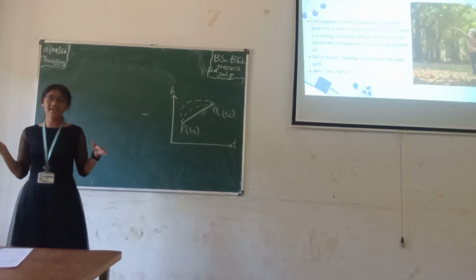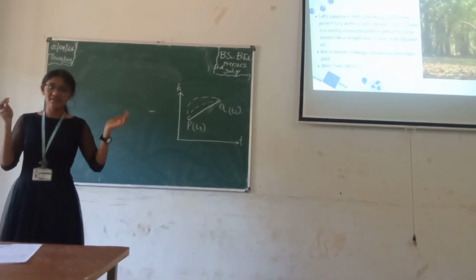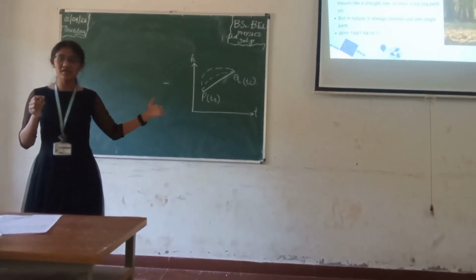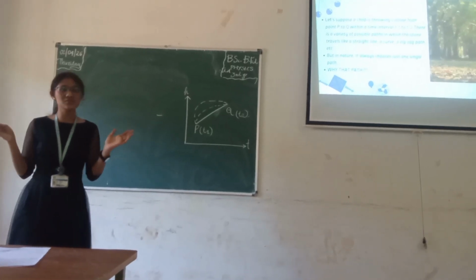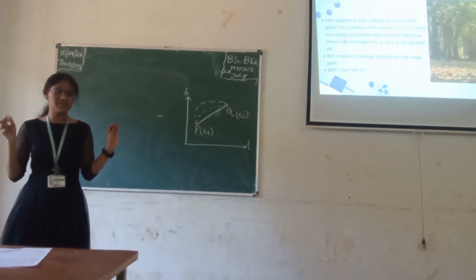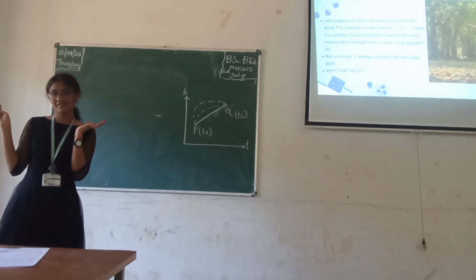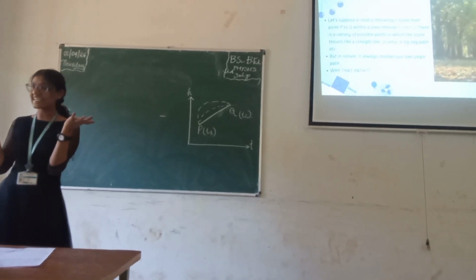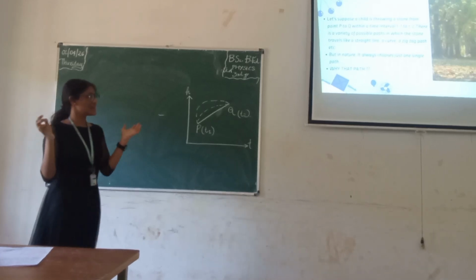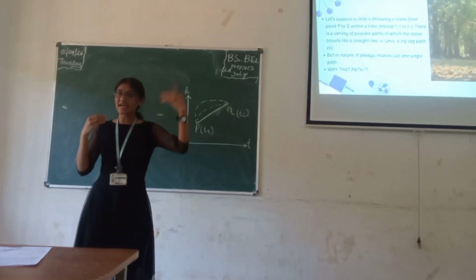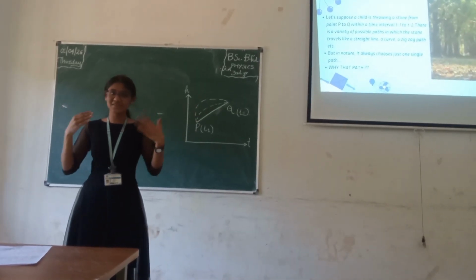Normally there are a lot of paths which could be possible for the stone to travel, right? But nature always chooses a single path. Do you know the reason? Is there any condition or criteria? Yes, right? For example, if we have to reach a place, we always use the shortest path.